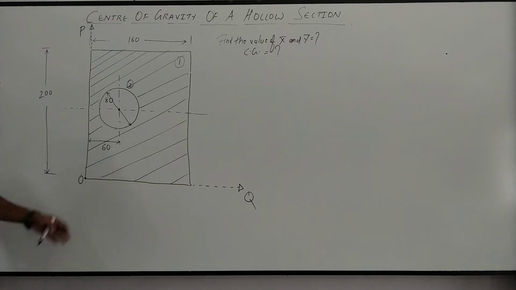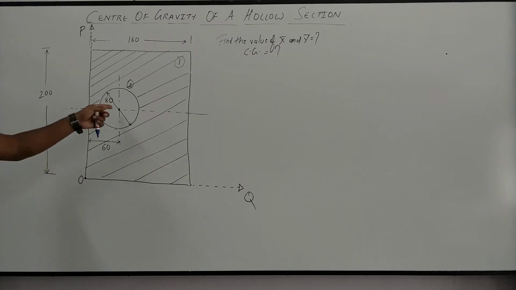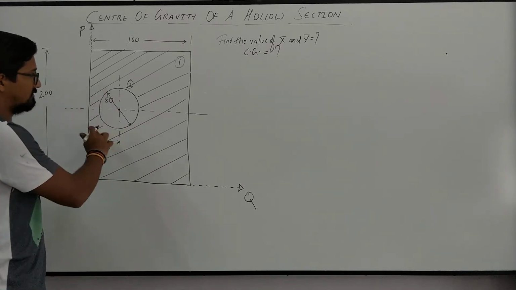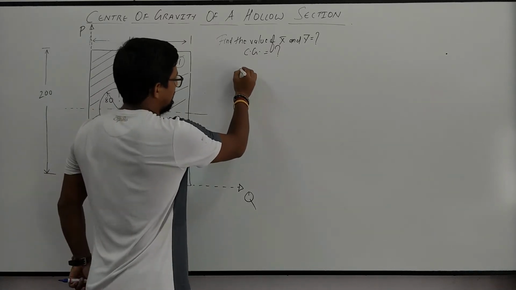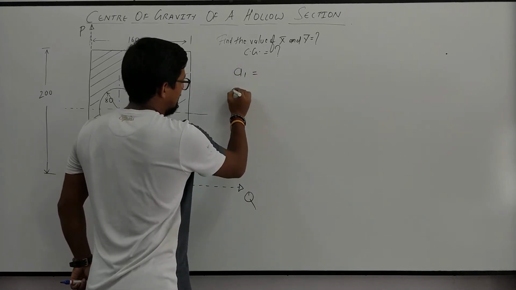Then we can find the area, correct? We can find the area for the rectangle as well as for the hollow circular section, means we can find A1 and A2.